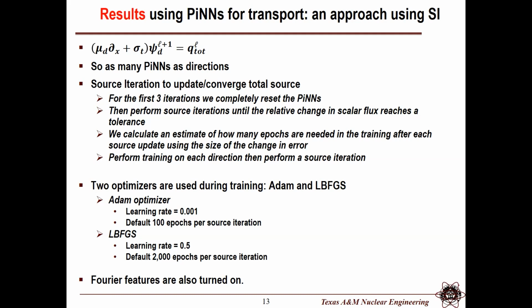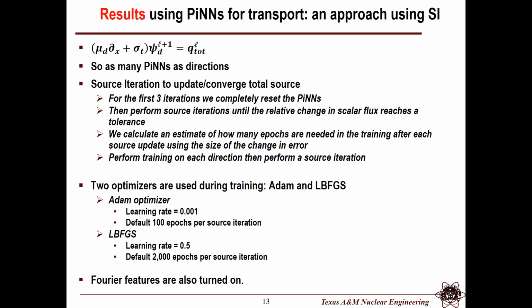So we have as many PINs as we have directions, and then in order to do source iteration to update and converge the total source, we first train each of those PINs individually with the lagged source term. And for the first 3 iterations, we completely reset our PINs and train them from the beginning once we have the updated source.